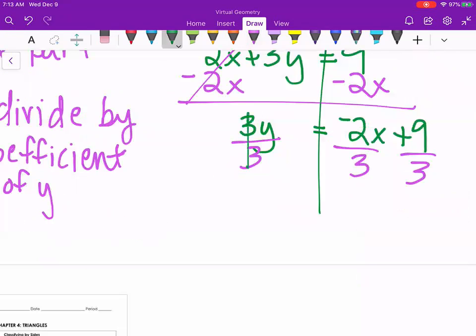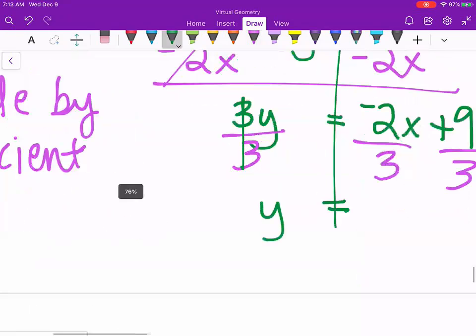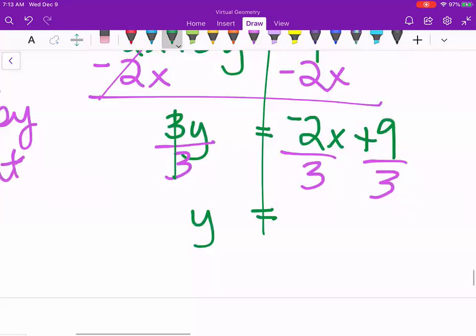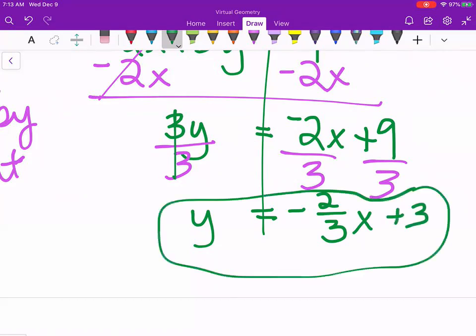So 3 over 3 cancel out, and there's our y equals. Negative 2 over 3 will not simplify, so we just leave it as a negative 2/3 with the x. 9 over 3 simplifies to a positive 3. And there is my final. And now we're in slope-intercept. So now I could use this to figure out if something's parallel to it or perpendicular to it.